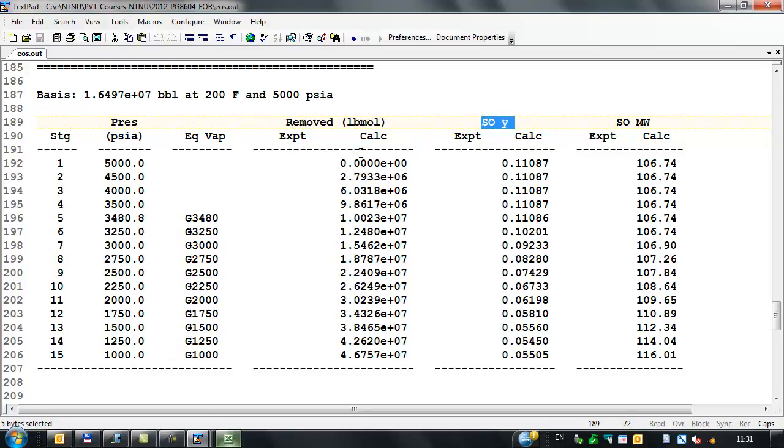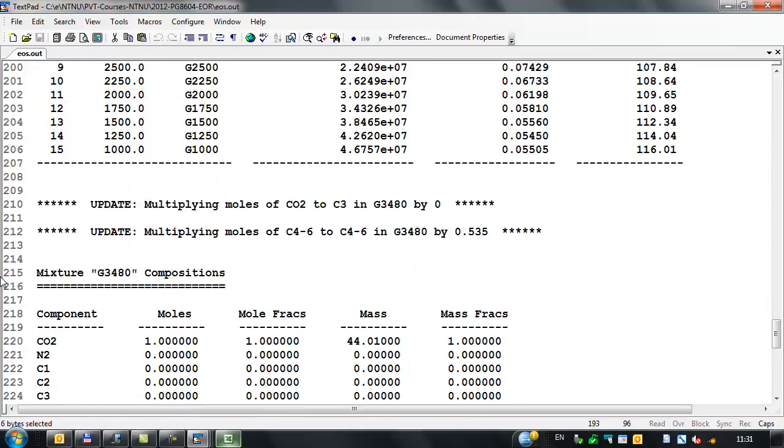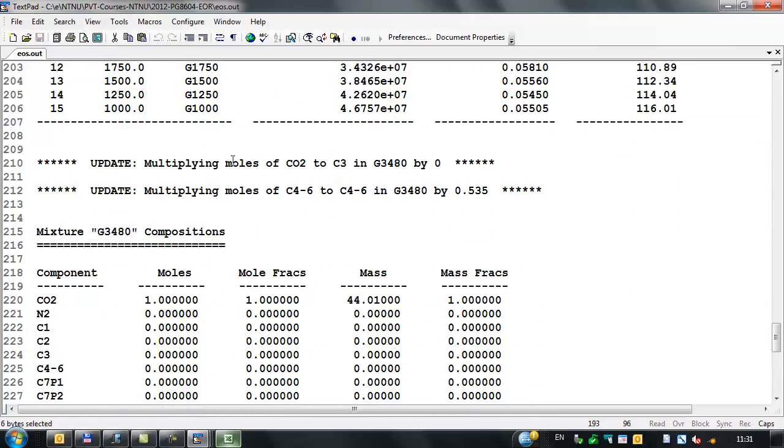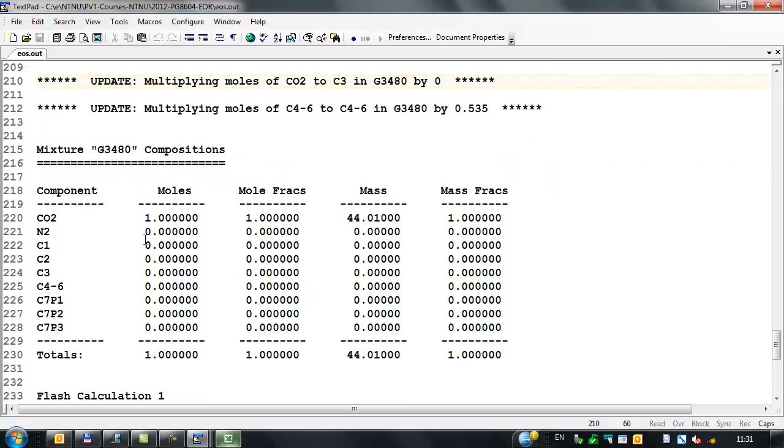If we multiply moles removed by that fraction, then we should get the moles of surface gas removed. I've got the molecular weight. You can see that's not changing very much of the surface oil. Then it multiplies this and the 3480 by 0, and we end up with the composition here, except we didn't get rid of the CO2.